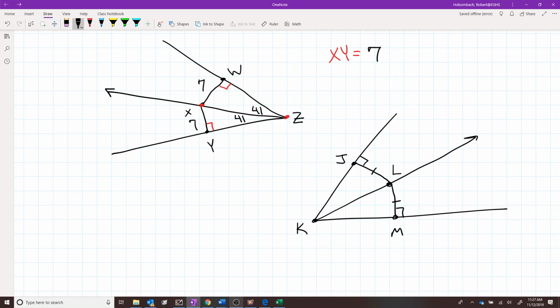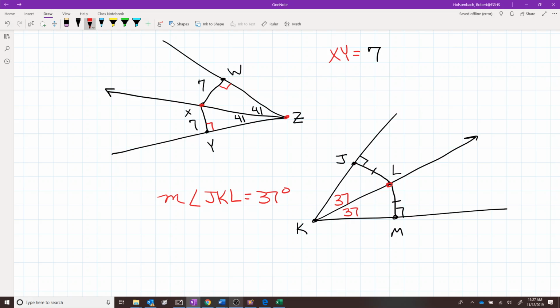And if you're given angle LKM as 37 degrees, and you're asked to find the measure of JKL, then what would the measure of angle JKL be? 37 as well.